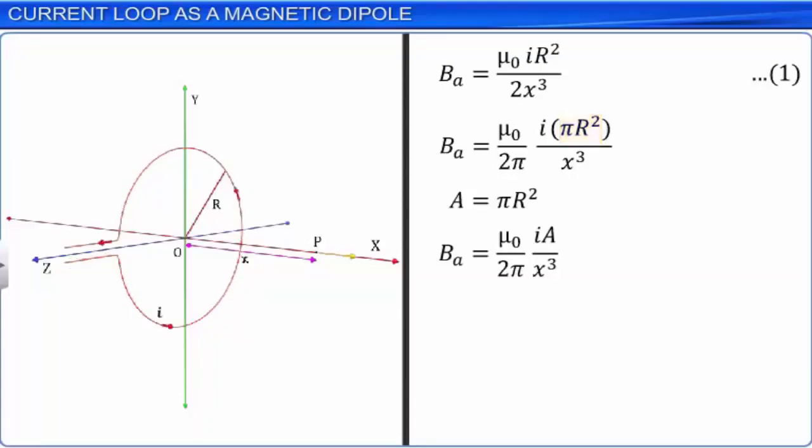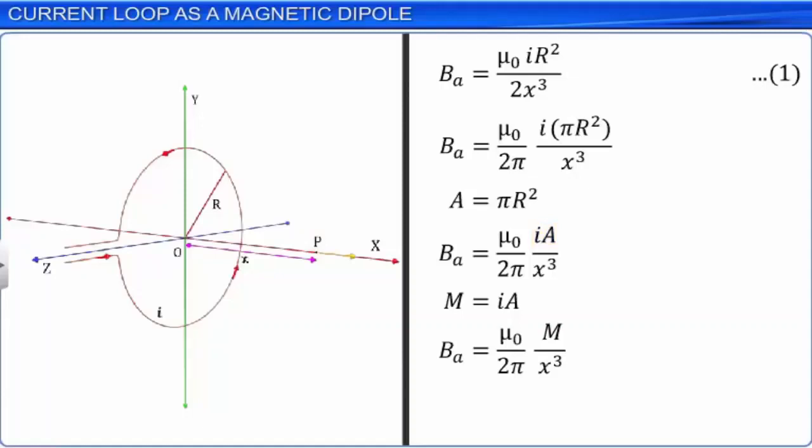We have learnt earlier that the magnetic moment of a current-carrying loop is the product of the current passing through the loop and the area of the loop, that is, M is equal to IA. On substituting the magnetic moment, we get the magnetic induction at the point P on the axis of the circular current loop, BA is equal to mu naught by 2 pi into M by x cube.